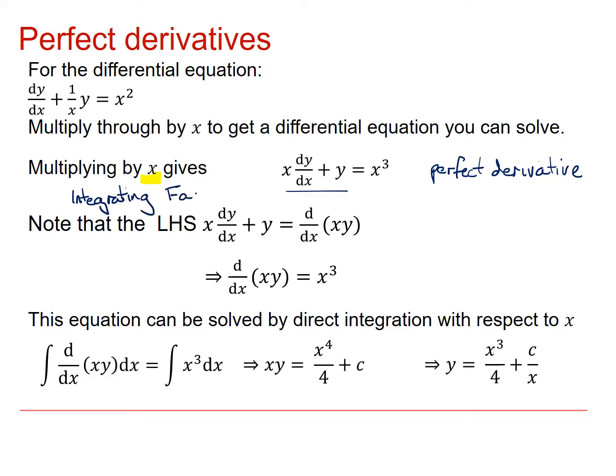And we will look in a later video at how we can work out what integrating factor we need to form a perfect derivative on the left-hand side. Once we have the perfect derivative, you can see we just integrated both sides, and then we tied it up so that we got y in terms of x.